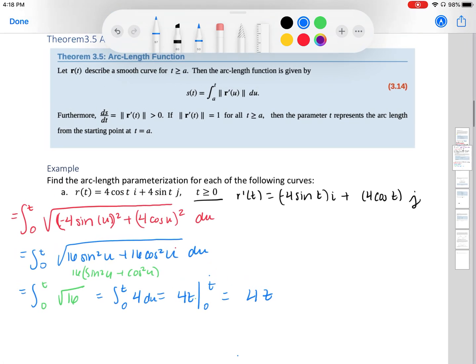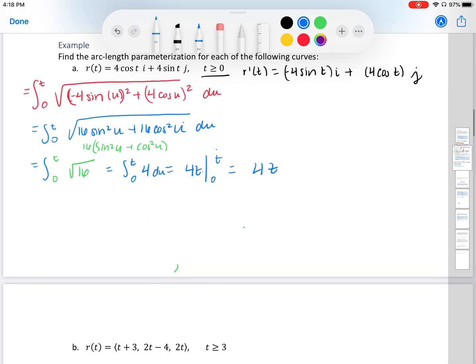But remember, we have to rewrite our argument in terms of whatever we're working with. So we want an s, but we're given t. So we have that s is equal to 4t, which is what we came up with. Let's write it in terms of t. Divide by 4 on both sides, and we're left with t equals s over 4.